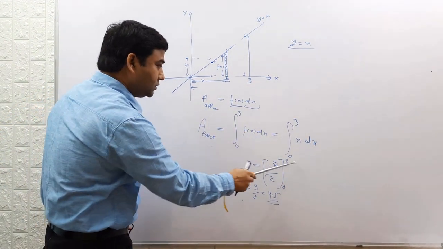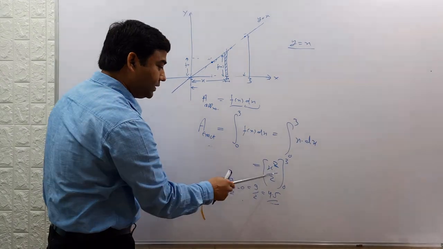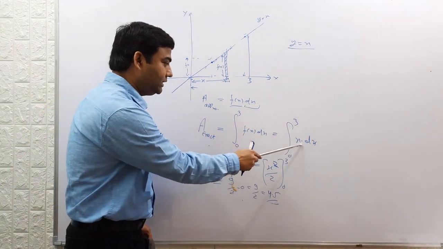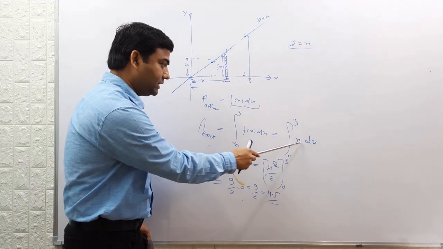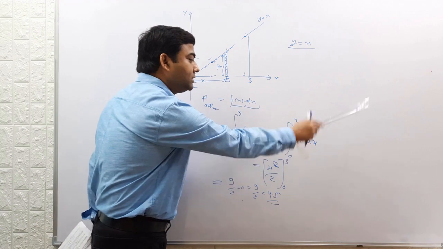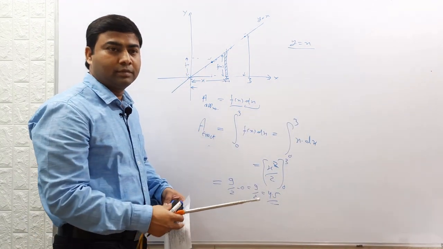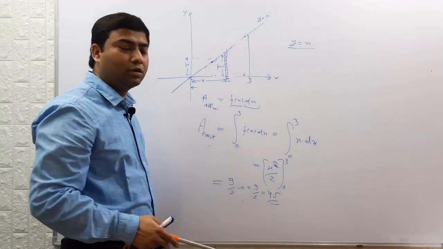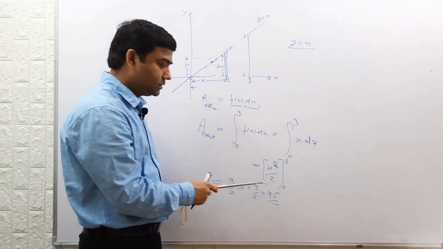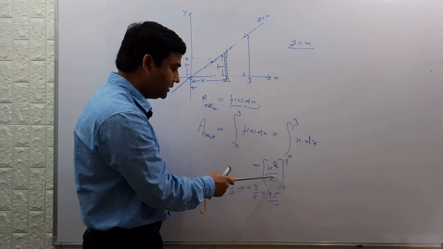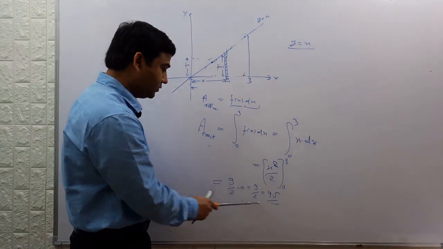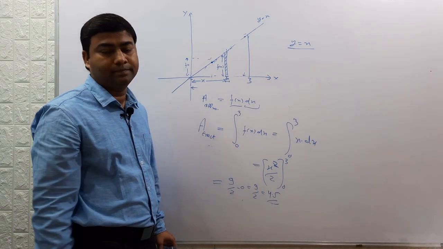To calculate this we have used the fundamental theorem of calculus. We have found the antiderivative of the function x, that is x square by 2. We have not used Riemann series. We need not use Riemann series because by the fundamental theorem of calculus, this can be written in terms of the antiderivative with the same limits. So we have calculated the area, 4.5.